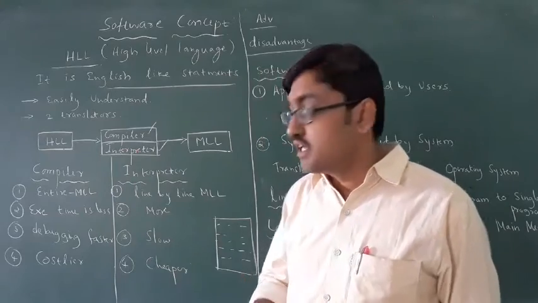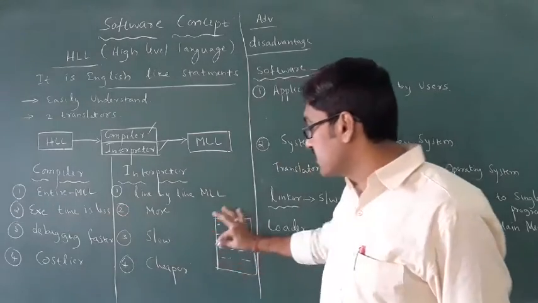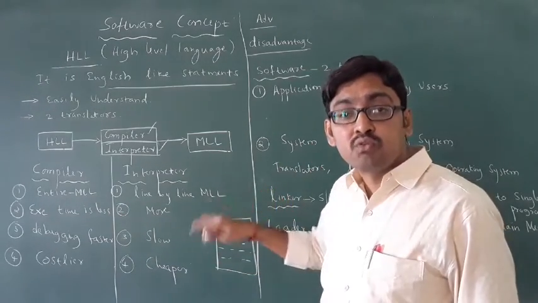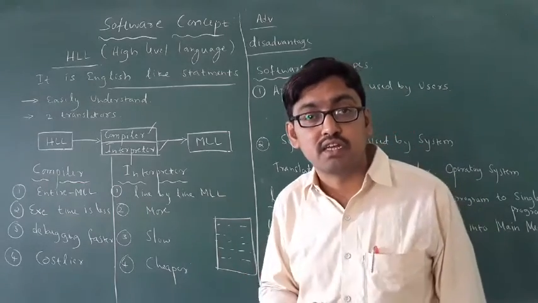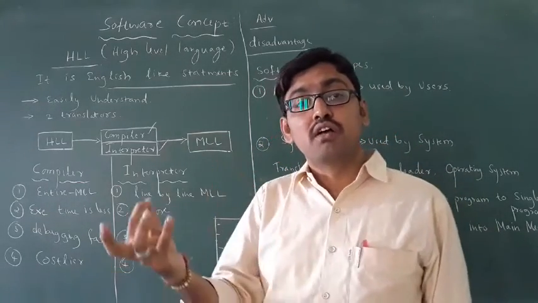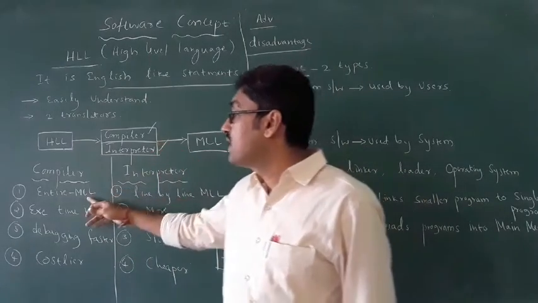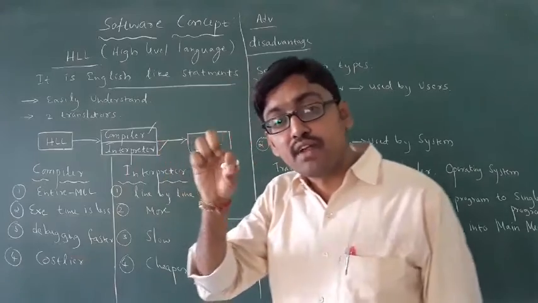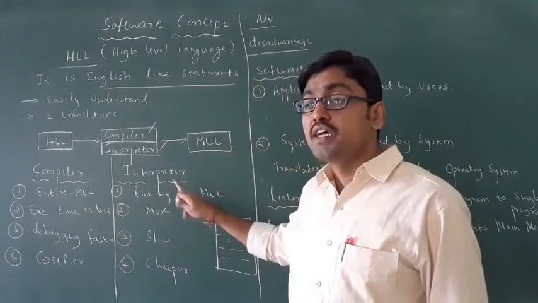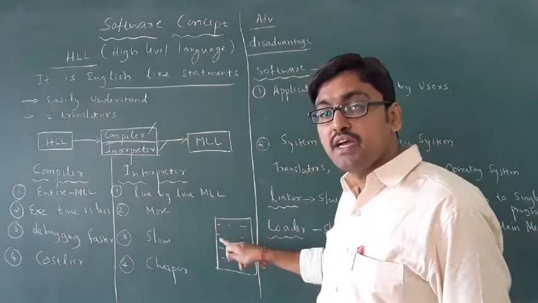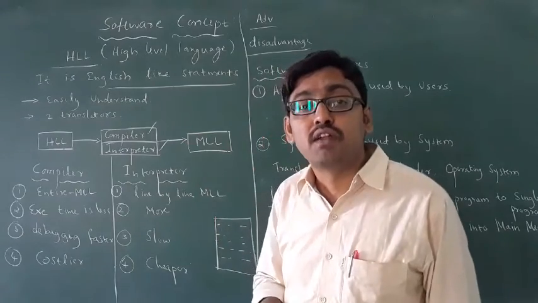Which is faster? The compiler takes the entire page at a time and converts it into machine level language. The compiler works very fast, converting all the characters into machine level language. That's why we use the compiler. But the interpreter takes the program line by line and converts it into machine level language.